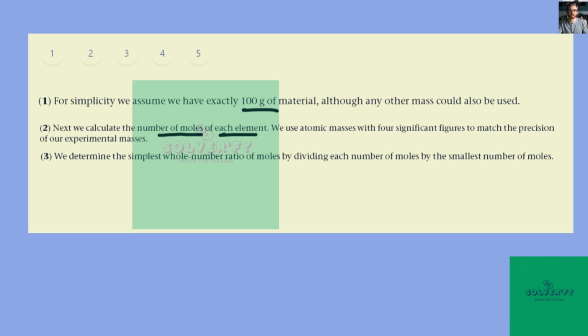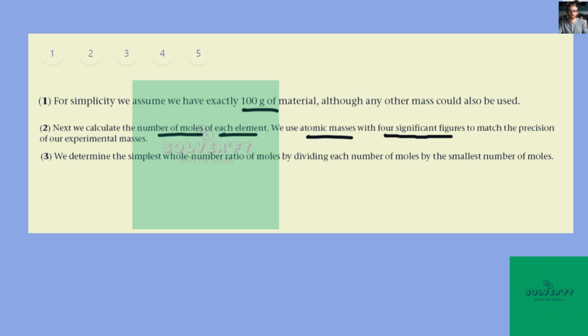And as we know, the number of moles of an element is simply the mass over its molar mass. While using the molar mass or atomic mass, four significant figures are used to match the precision of the experimental masses.